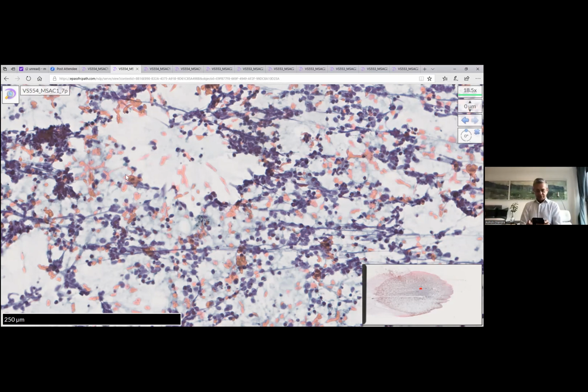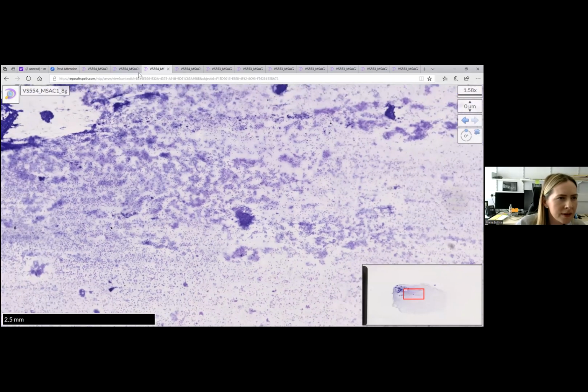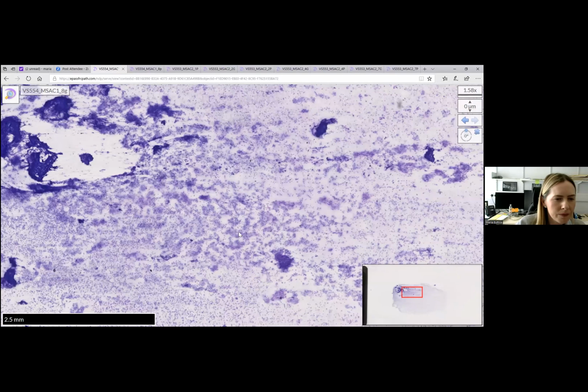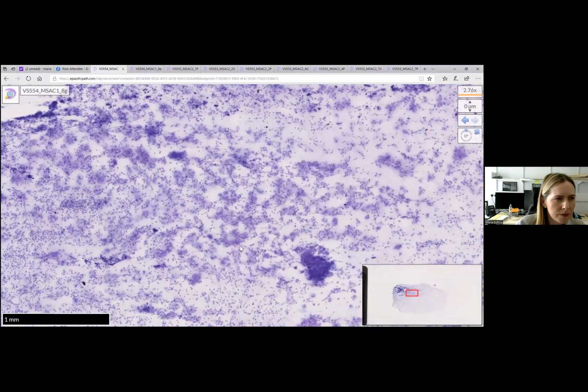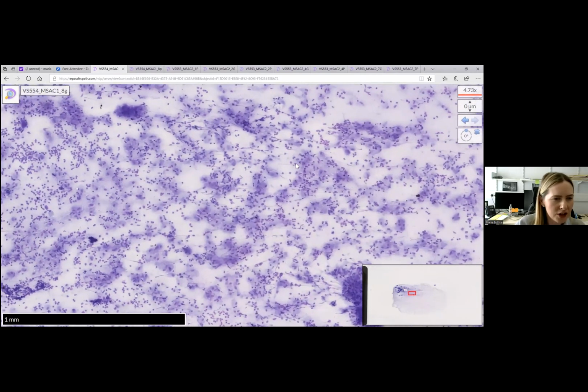Okay. So the next case, we have a 50-year-old male with mediastinal lymph nodes, and this is again an EBUS case. I can actually stay on this magnification because it's a reflection of the entire slide.